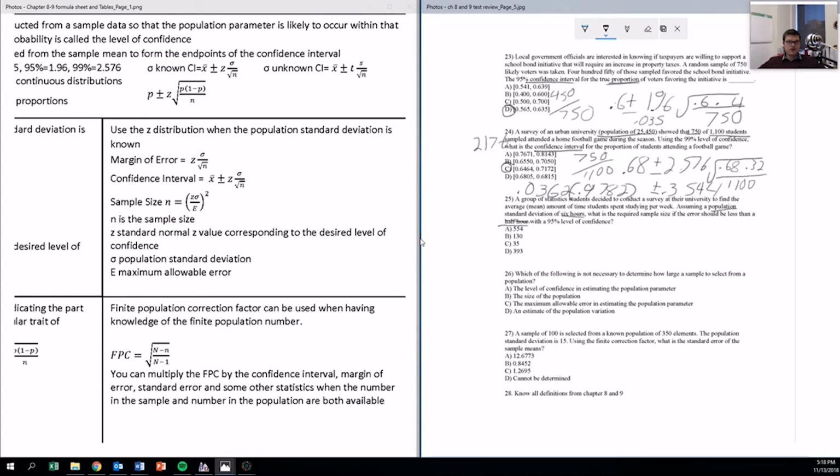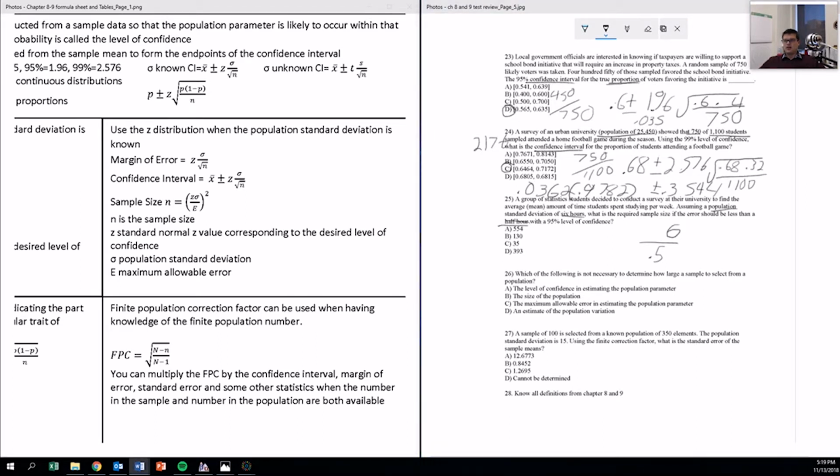Let's see here. Assuming a population standard deviation of 6 hours, what is the required sample size if the error should be less than half an hour with a 95% confidence interval? So we've got 0.5. Then we've got the standard deviation of 6 hours. And then we've got the z-score because we want the 95% confidence interval of 1.96 multiplied by 6.